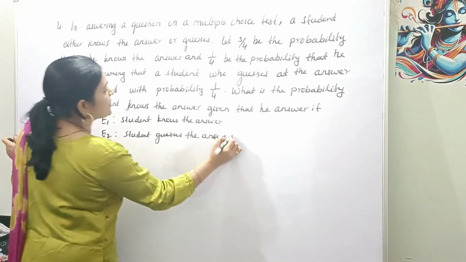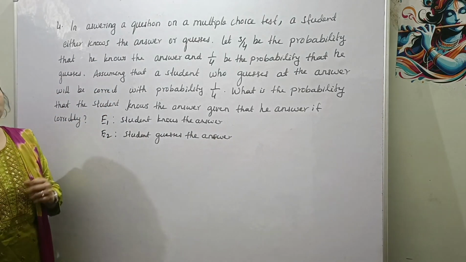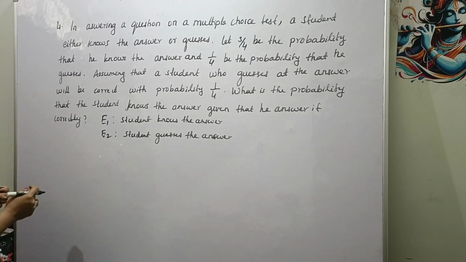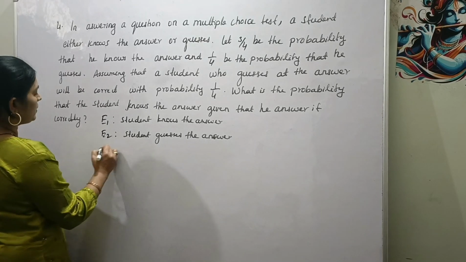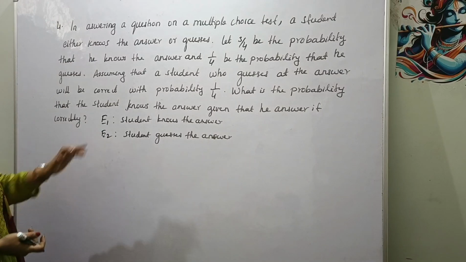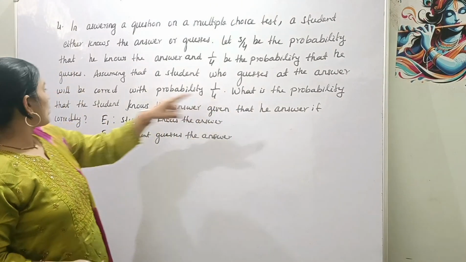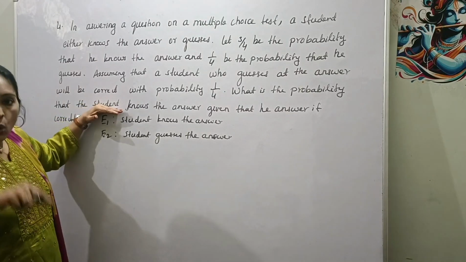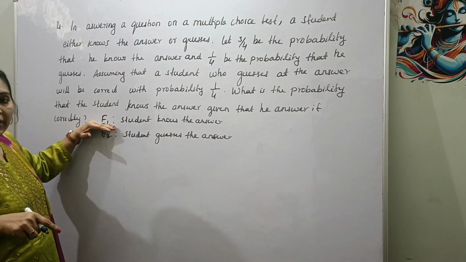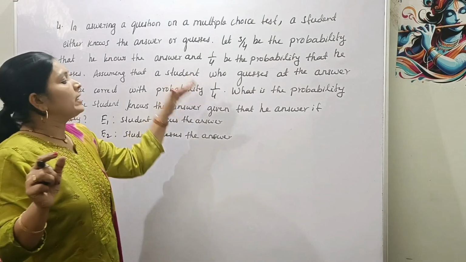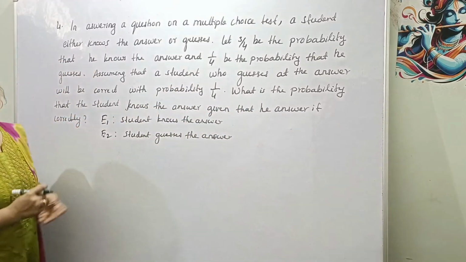If the student guesses the answer, it is either correct or wrong, right? Now what we have to find is the probability that the student knows the answer, that is probability of E1, given that he answered it correctly.